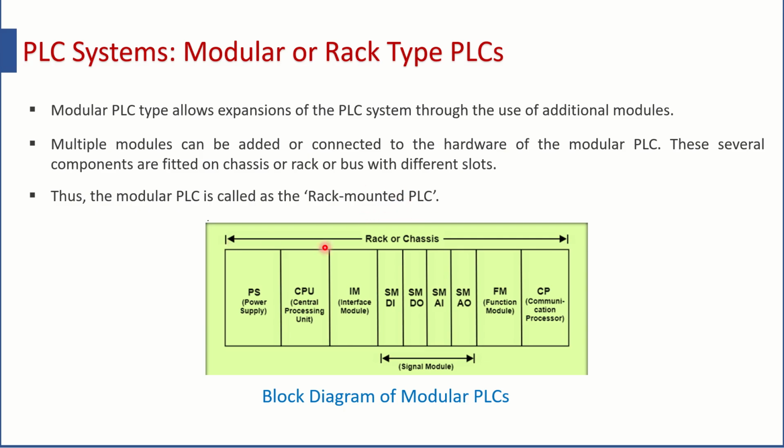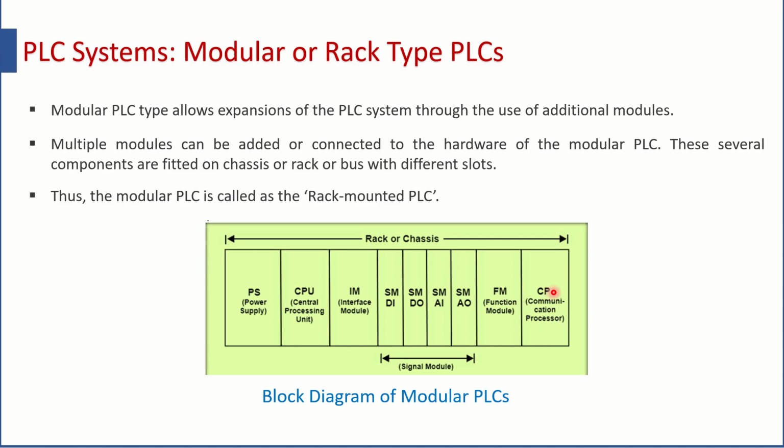Now you see, this is the entire rack or chassis in which there is the power supply unit, there is the CPU, that is the central processing unit, you have this interface module, then you can have DI module, DO module, they are all separate modules, AI module, AO module, you can have some special function module, or you can have the communication processor.